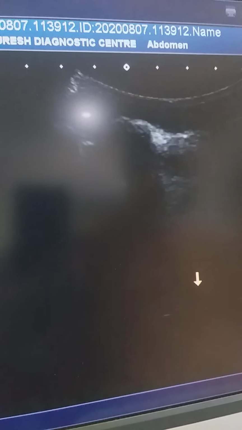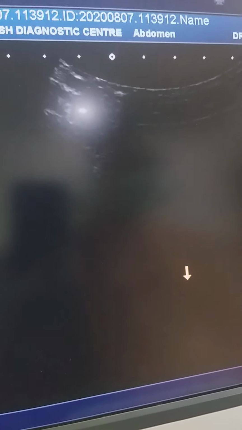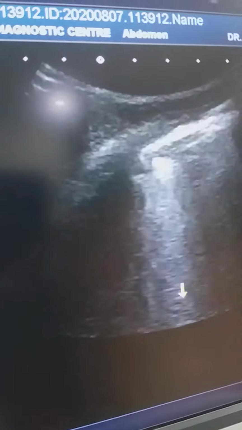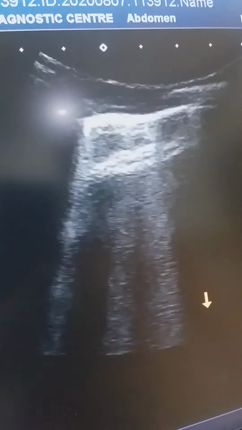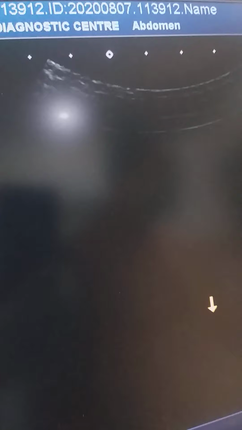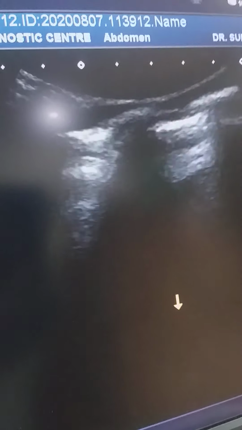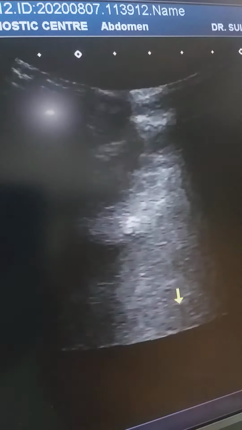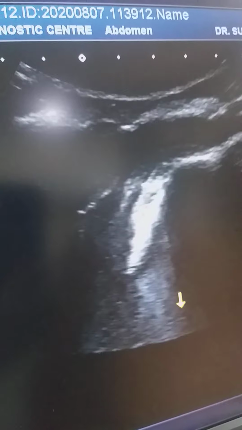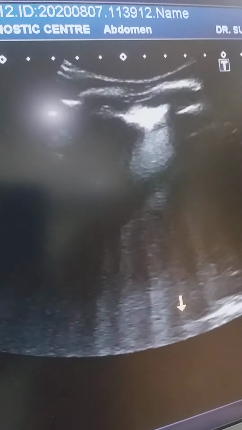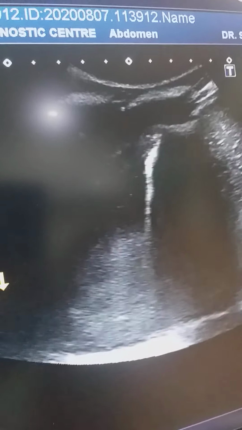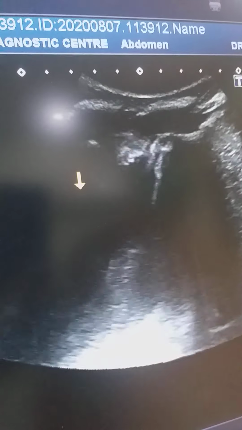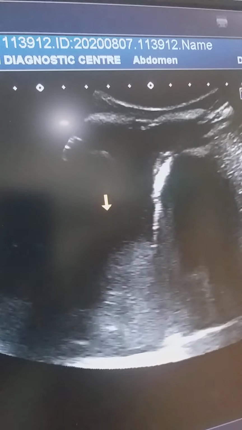And now I am going to see the lateral aspect. Here I am in the lower chest, the same picture is present on the right lateral side, and if I go to the left lower chest, we can appreciate that effusion is present on the left side.